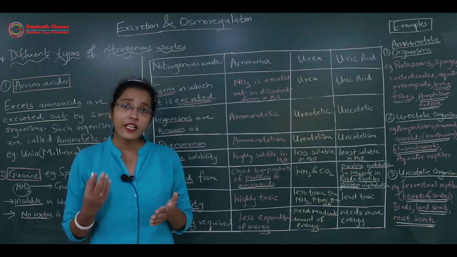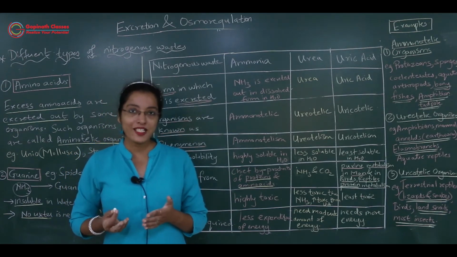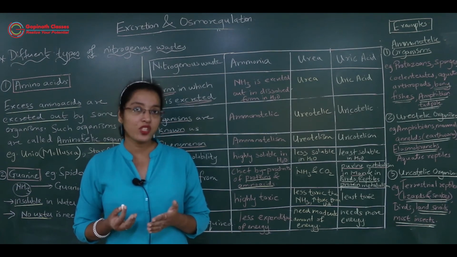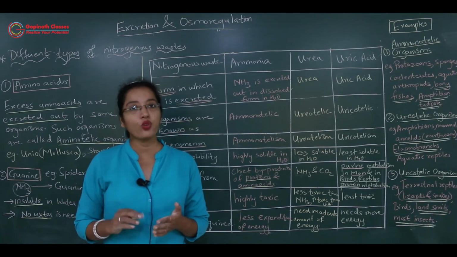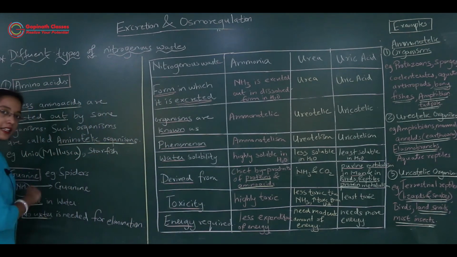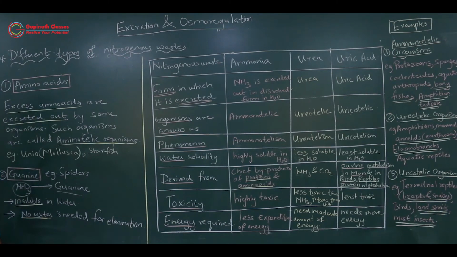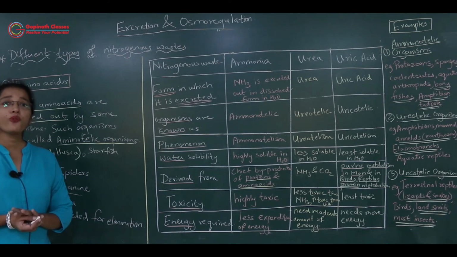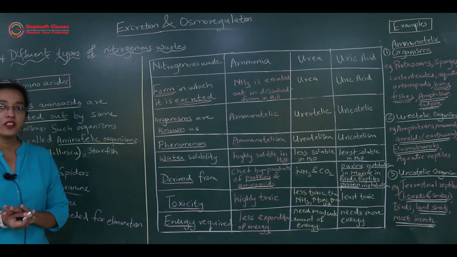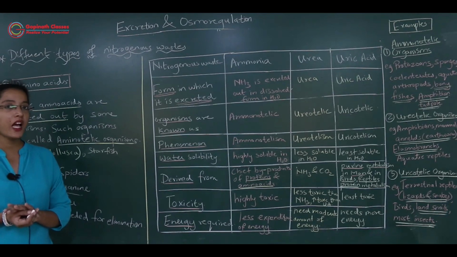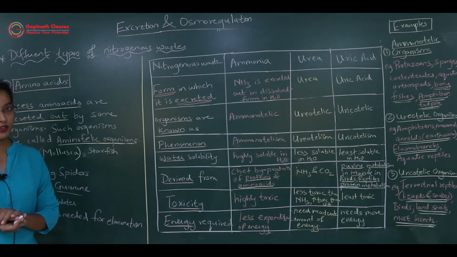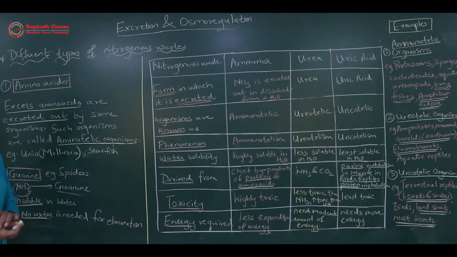Similarly, if there are excess nitrogenous bases in their body, these will also result in formation of ammonia, and then finally this ammonia is converted into guanine. Guanine is insoluble in water. So for excretion of guanine, spiders, scorpions and many other arachnids do not need water. Why? Because the guanine formed in their body is insoluble in water.